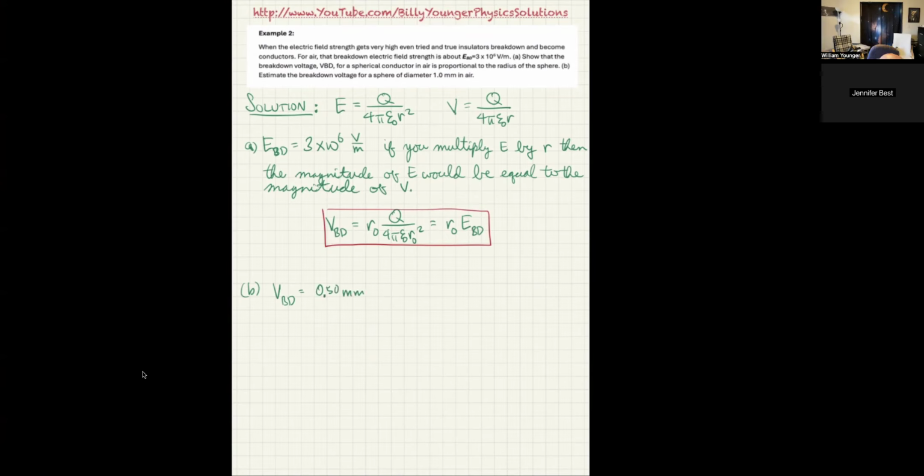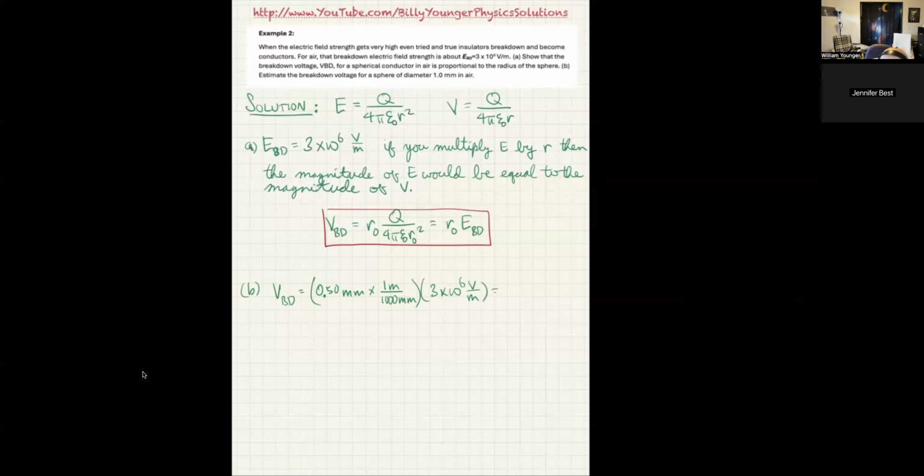And of course, we can't use millimeters, so I have to make this into meters. And of course, 1 meter is equal to 1,000 millimeters. So I do that, and then I multiply that by 3 times 10 to the 6 volts per meter.